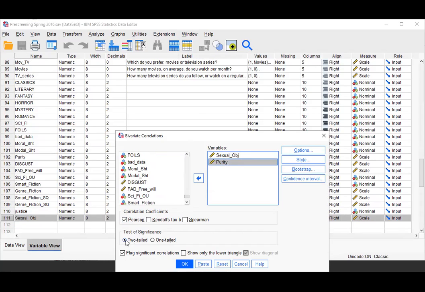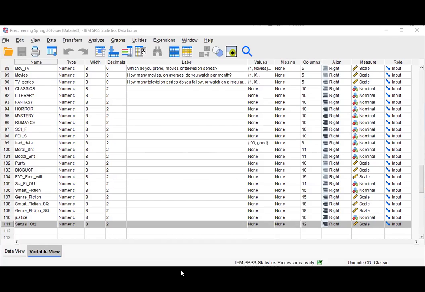By default, it has a two-tailed test, so we're going to leave that as default. We're going to select show only the lower triangle, just because we don't need to see everything repeated. And then we're going to select OK. Let me change the window so you can actually see the output.